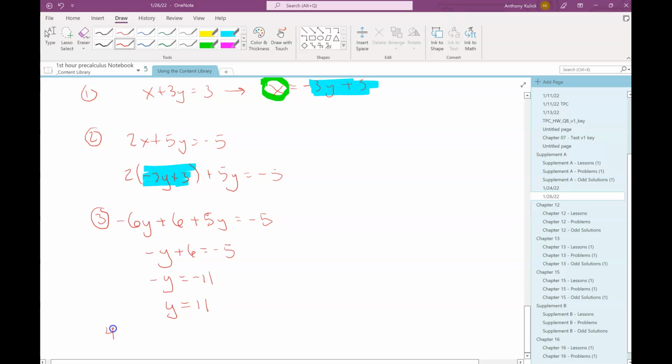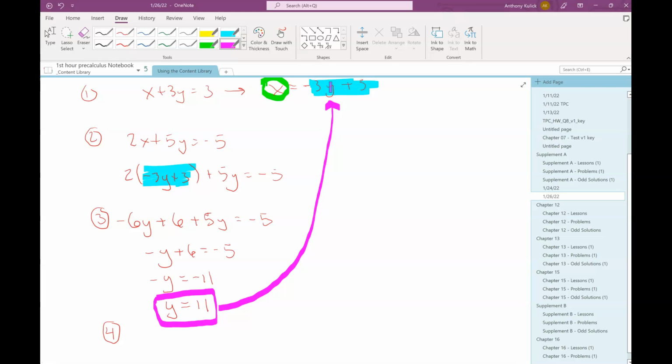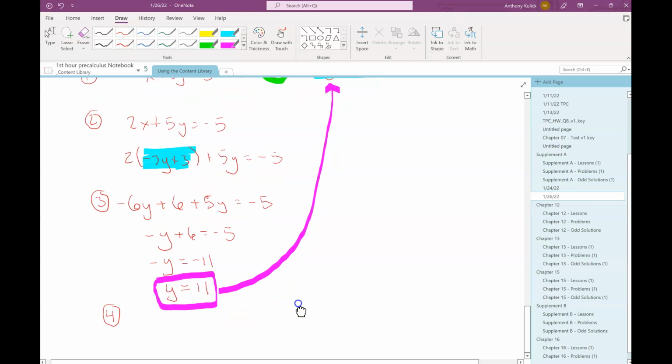And now that I have that one variable, I can plug that value for y back into any of my previous equations that have an x and a y to solve for x. Specifically, what I would choose to do is plug it in here, because in this equation, the x is already solved, it's already by itself, so it saves me a little bit of algebra.